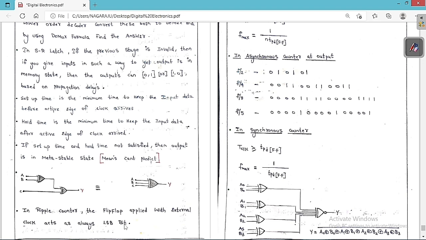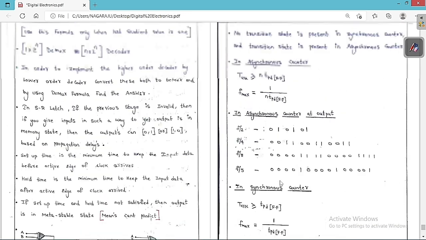So whichever flip-flop the clock is directly applied to is called the LSB, and the farthest one is called the MSB. This is the point that you always have to keep in your mind. So in a ripple counter, the flip-flop applied with the external clock is always the LSB bit.